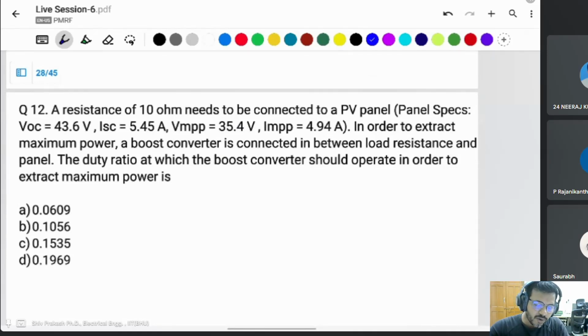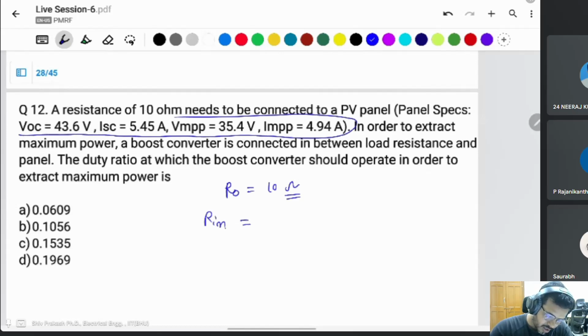This is the load resistance of 10 ohm for the PV panel. We use a boost converter. You can find the input resistance of the boost converter, which is the output resistance of the solar PV, Vmp divided by Imp.